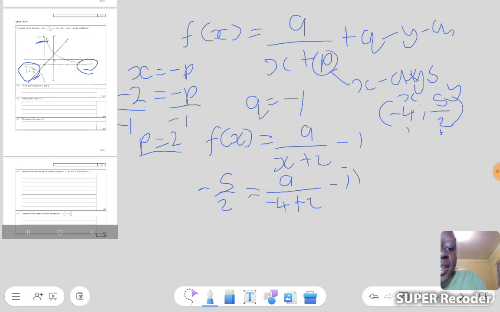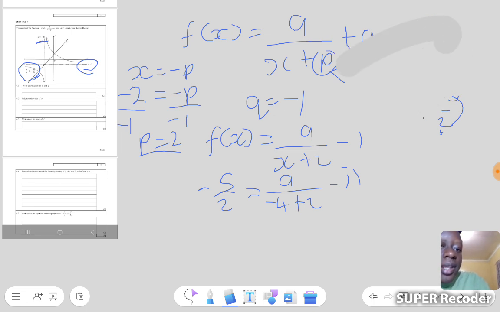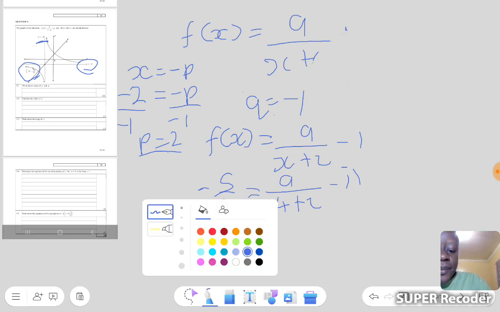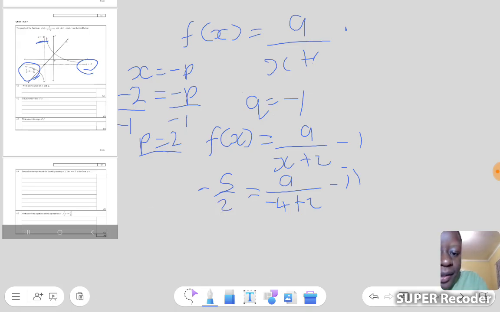Transposing this to the other side, it will be like this: negative 5 over 2 plus 1 is equal to a over negative 4 plus, that's negative 2. Taking it to the other side, therefore we'll find that our a will be equal to 3.